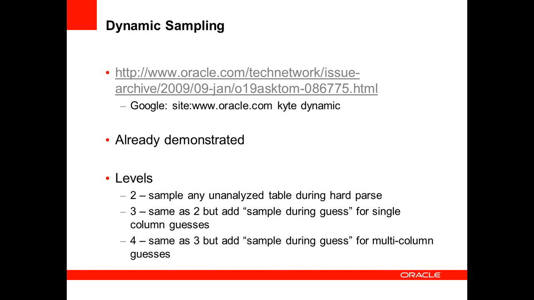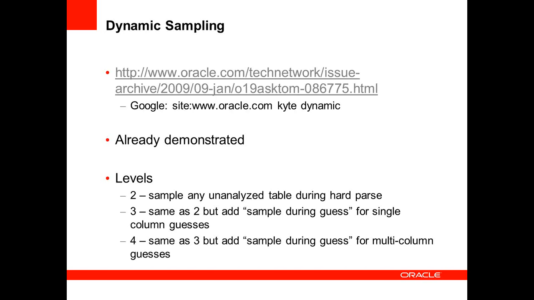It will sample during a guess for single column, single table guesses. Level 4 takes it up a level, but can do the multi-column, multi-table sort of guesses. Then there's levels 5 through 10 in versions 11 and before. That just increases the volume of the dynamic sample. And in version 12, dynamic sampling actually goes to 11.